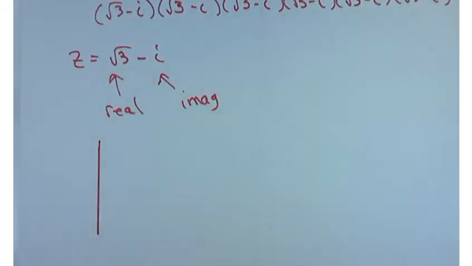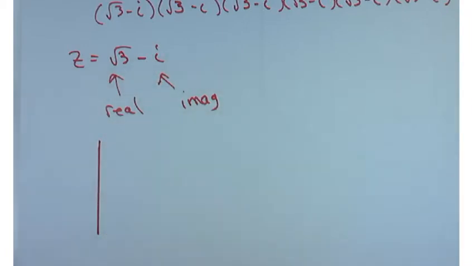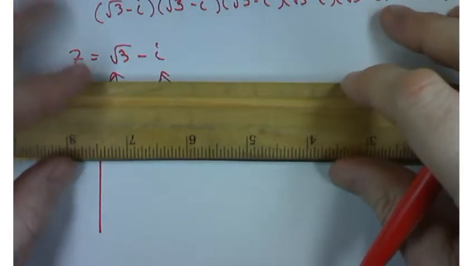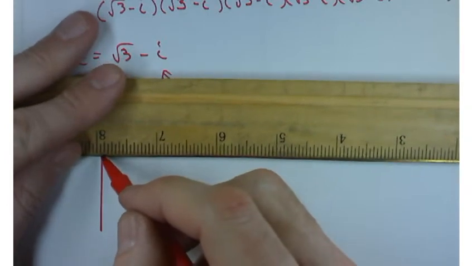Does anyone know? Andre? Not with a negative i. That would be below the x-axis. Oh, are you drawing it in the air? Okay. Fourth quadrant. Thank you.